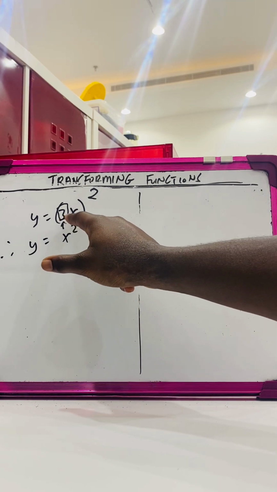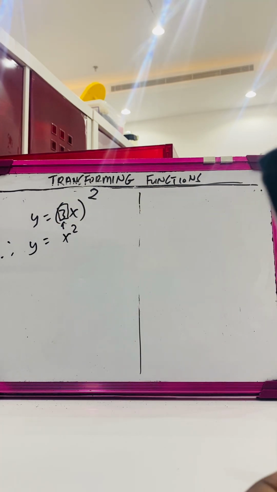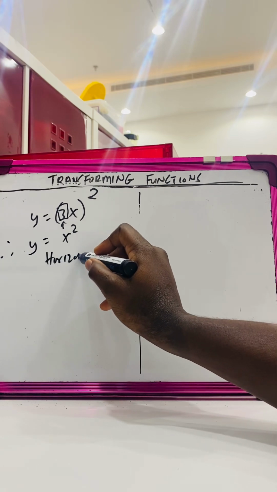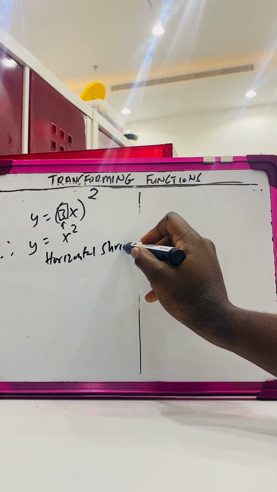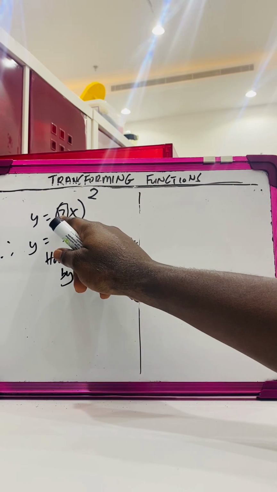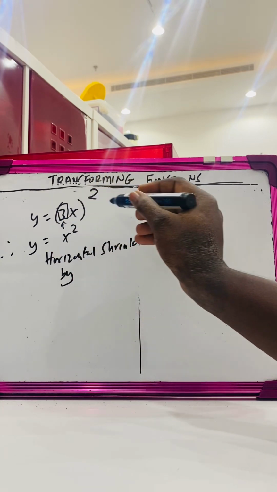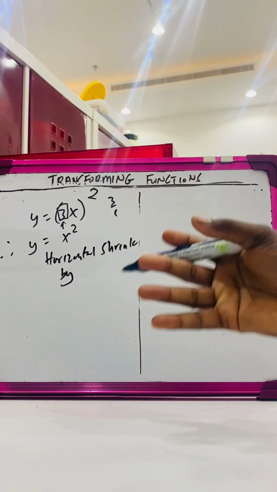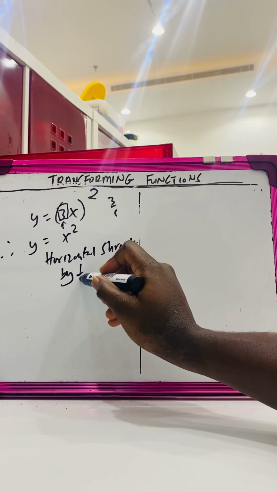Ideally, 3 times x should be like making x values bigger, but we will say no, there is rather a horizontal shrink, but this time not 3. We see 3 is same as 3 divided by 1 or 3 over 1. So the opposite is to flip this. So we say 1 over 3.